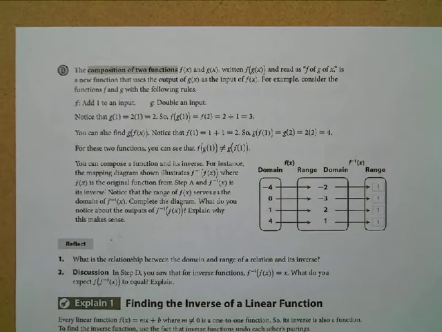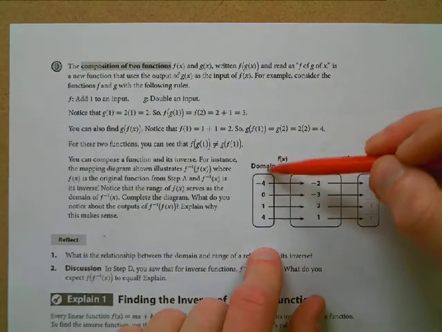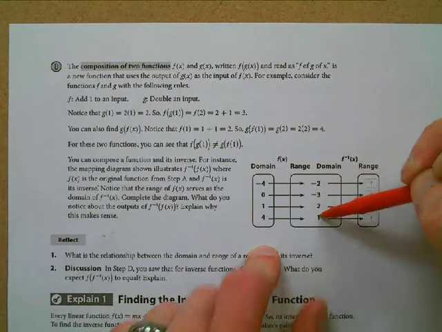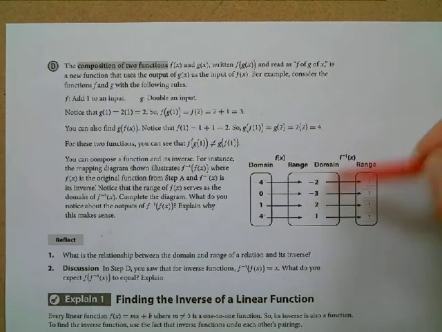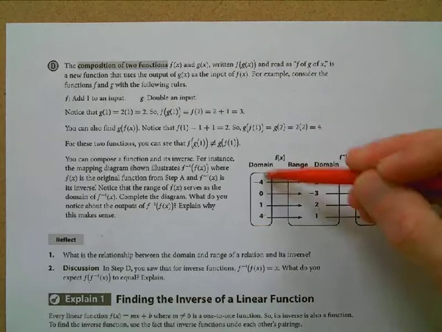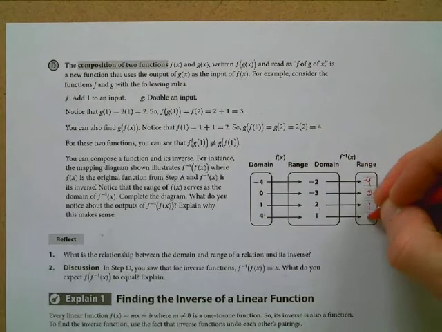I guess it doesn't really say that here, but anyway, you'll see here, if we take our function and plug negative 4 in, we get negative 2, 0 becomes negative 3, 1 becomes 2, and 4 becomes 1. Okay, but then that range of f becomes the domain of f inverse, and then the range of f inverse just goes back to the domain there.